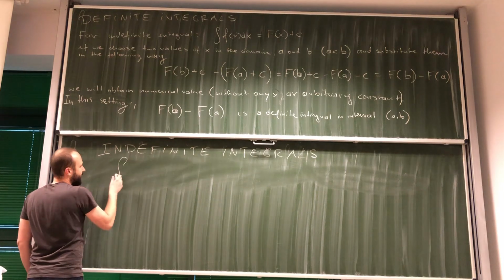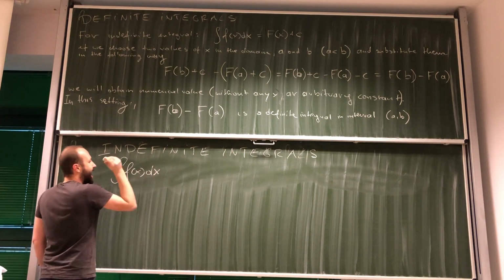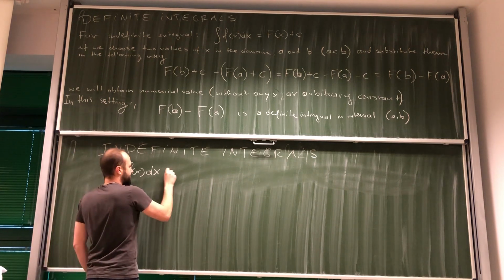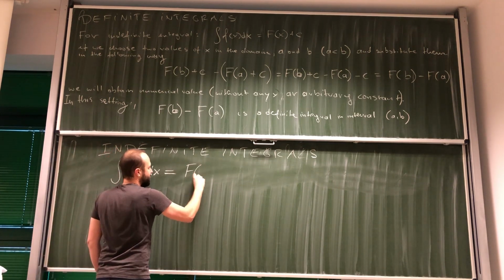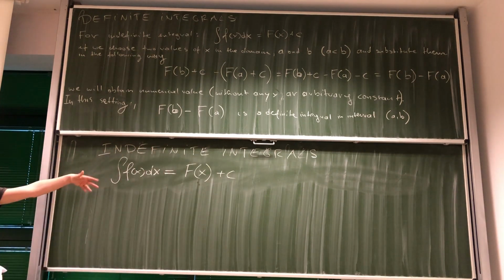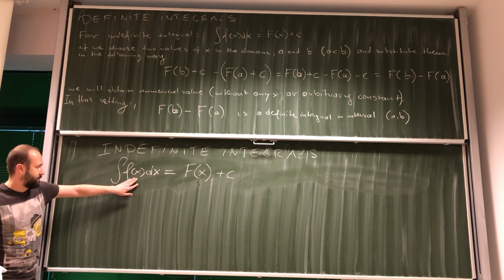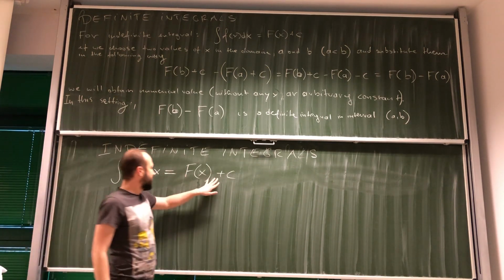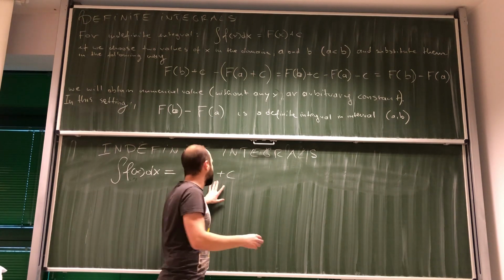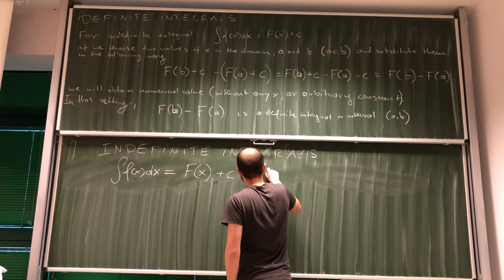If we calculate an indefinite integral, as a result we are getting a function, a primitive function, plus an arbitrary constant c. So what we get over here is a function.